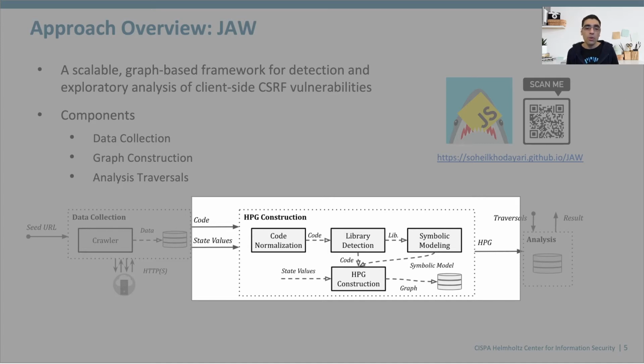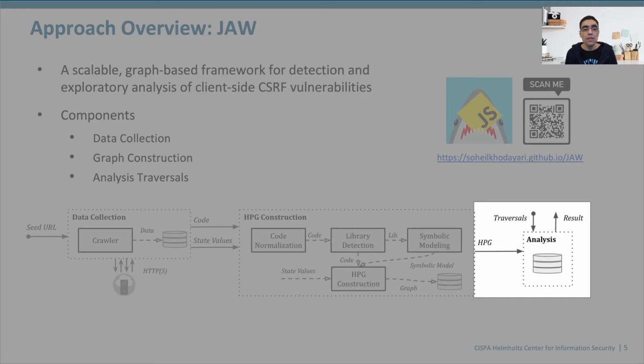Given the library symbolic model, normalized JavaScript program, and state values, JAW will create a graph called a hybrid property graph, or in short, HPG. Finally, JAW imports the HPG inside the graph database, in particular Neo4j, and then we can declaratively traverse or query this graph using the Cypher query language to explore vulnerable program behaviors, in particular detect and study client-side CSRF.